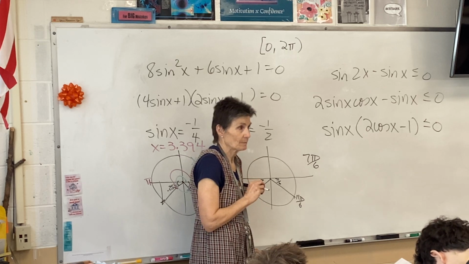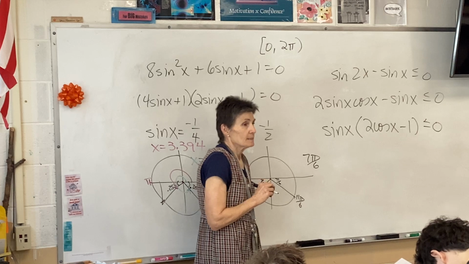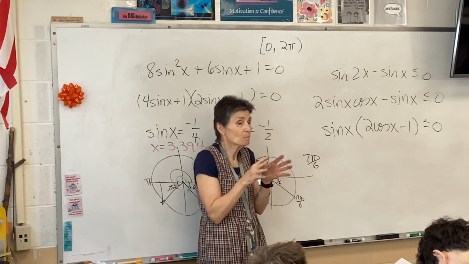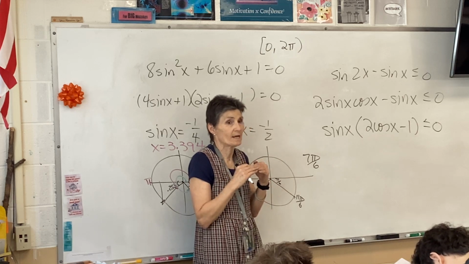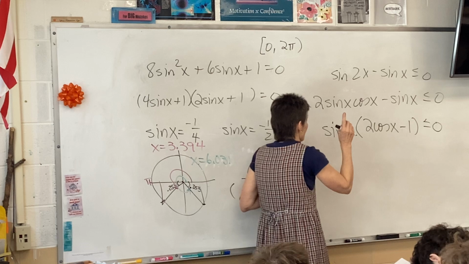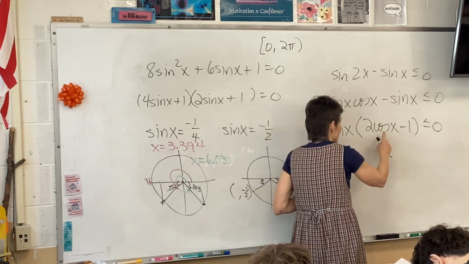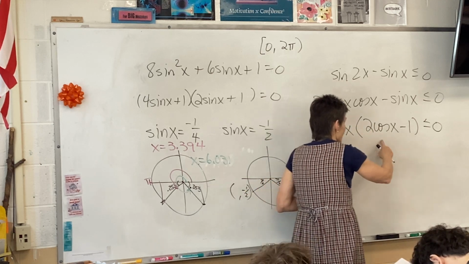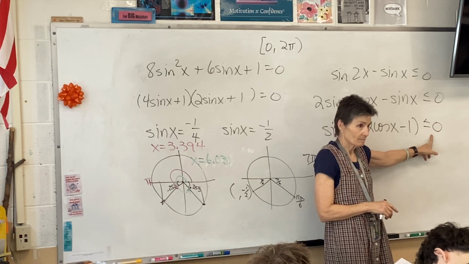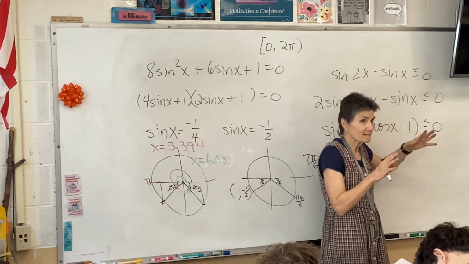Agreed? Now, somewhere along the line, not necessarily at this very moment, you gotta pause and say, okay, I have multiplied these two things together, and the answer has to be negative. So what does that mean?